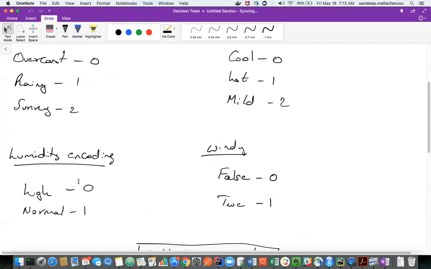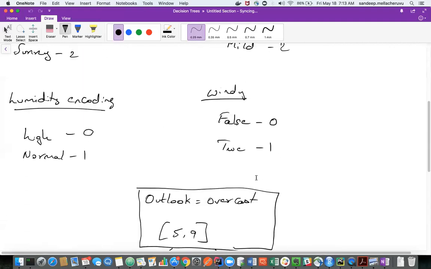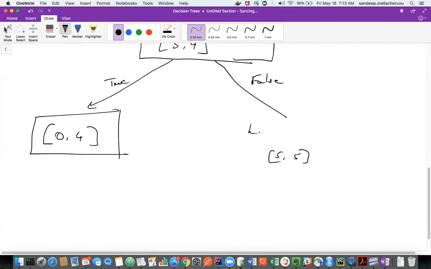Now what is humidity less than or equal to 0.5? When humidity is less than 0.5, it means that the humidity is high. So instead of writing humidity less than 0.5, let me write it as humidity equal to high.